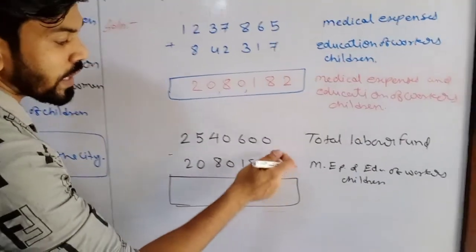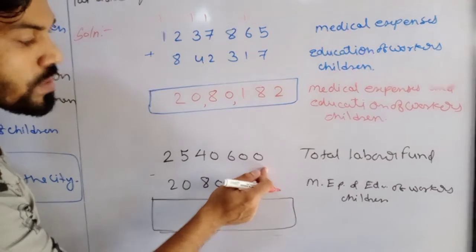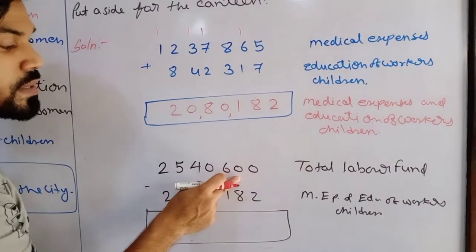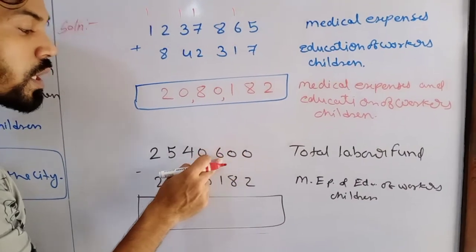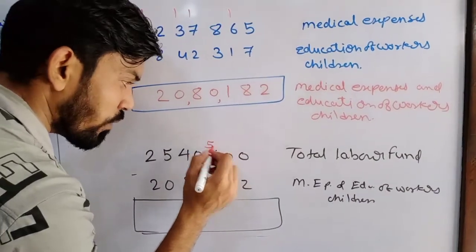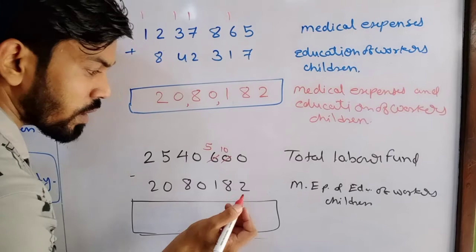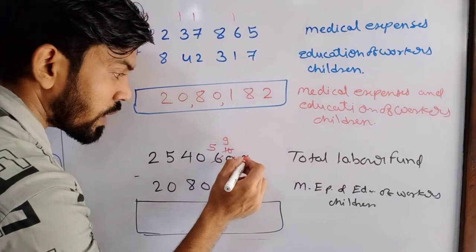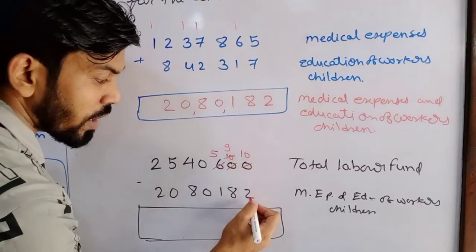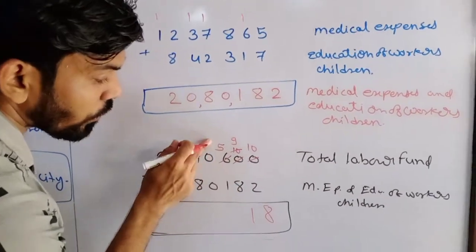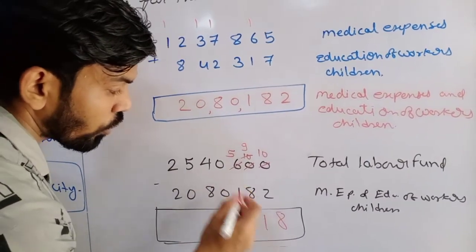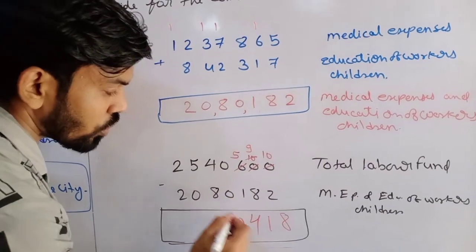Here we cannot subtract 2 from 0, so same thing, we go to the next digit and borrow. Here the next one is also 0, so we go to the next one. This 6 becomes 5 and 0 becomes 10. Now this 10 becomes 9 and this 0 becomes 10. 10 minus 2, 8. 9 minus 8, 1. 5 minus 1, 4. 0 minus 0, 0.